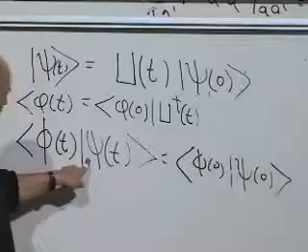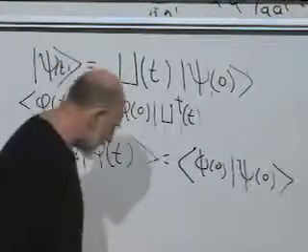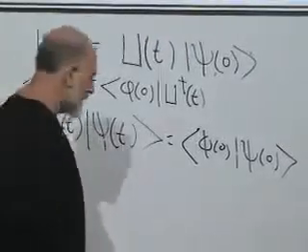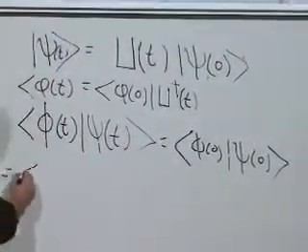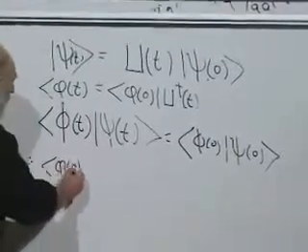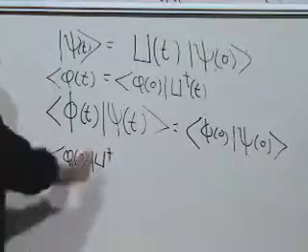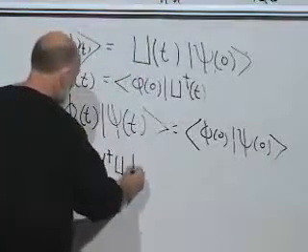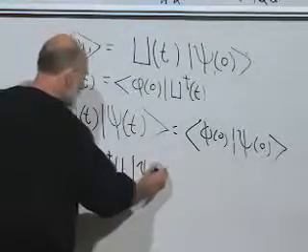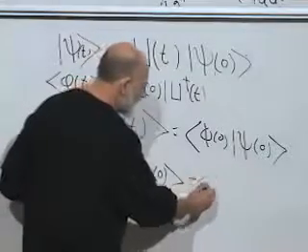All right, now let's see what happens to phi times psi. This is equal, well, it's equal on the one hand to phi of 0 u dagger u times psi of 0. But it's also equal to just phi of 0 psi of 0.